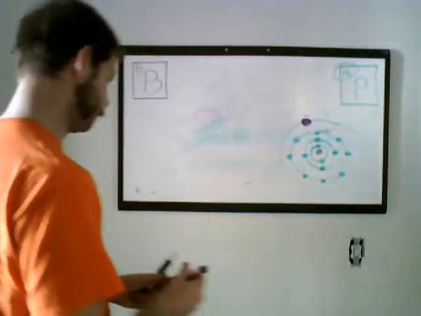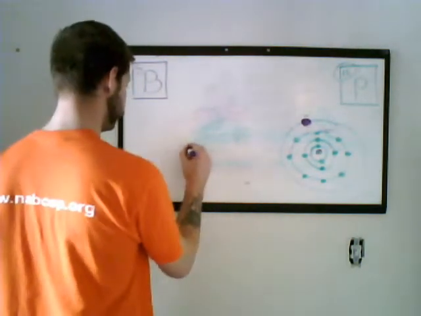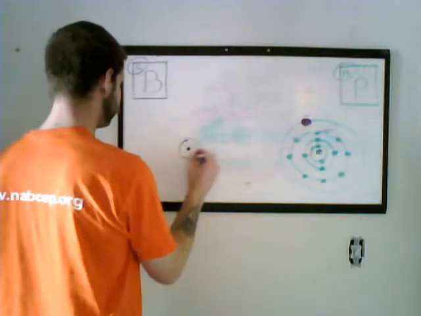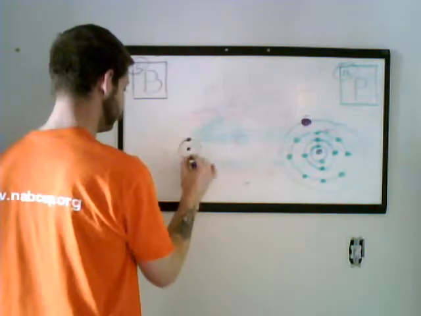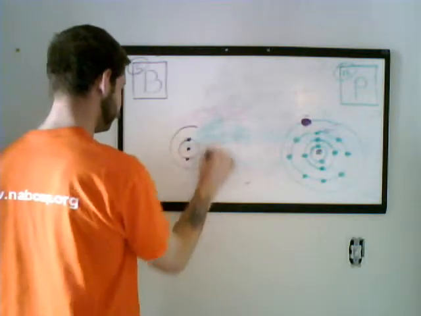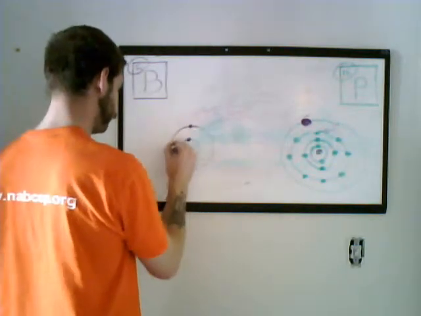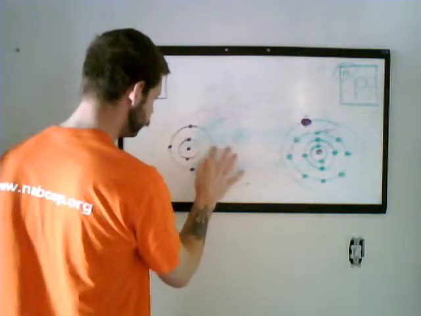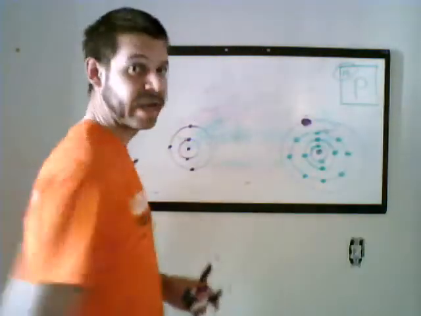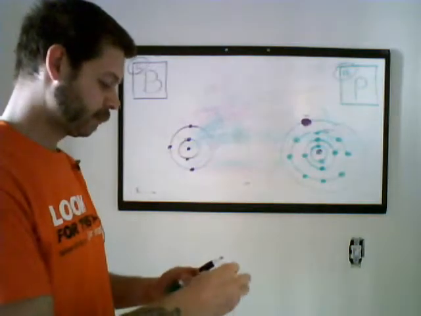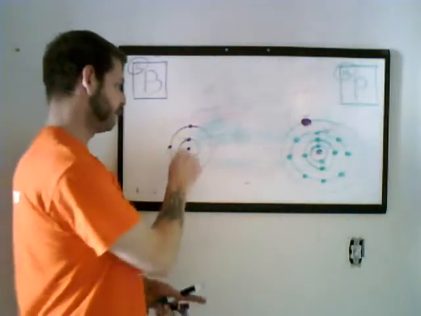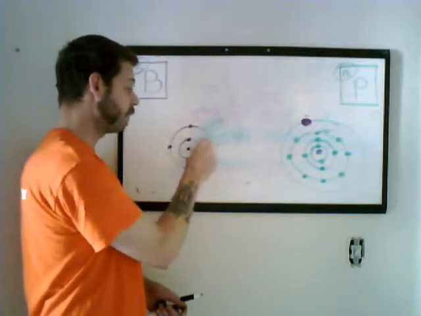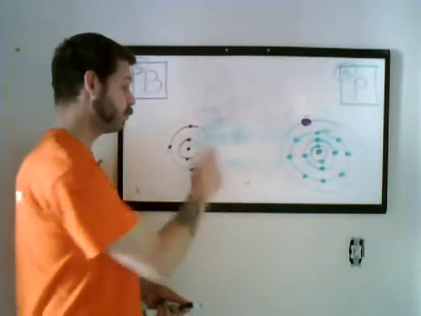Okay. Boron. Boron's number 5. Has exactly the opposite problem. Boron has a nucleus right here, 2 in the first, 3 in the second, and in order to complete itself, it needs one more.